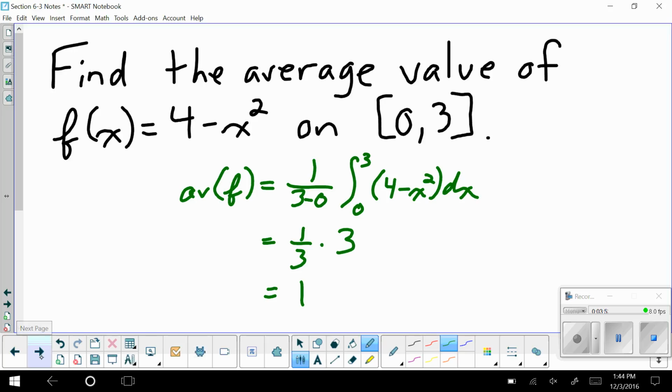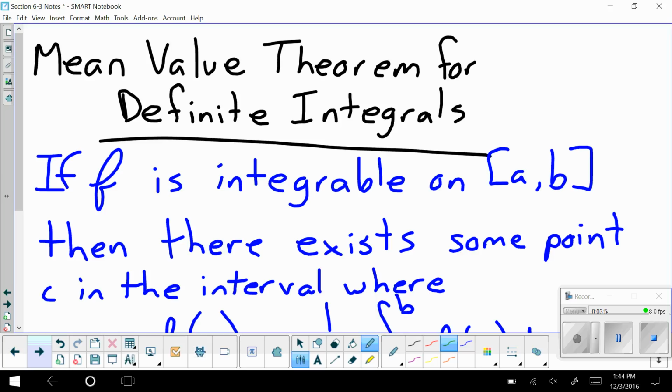Now, one consequence of this is that we can actually adjust our mean value theorem. And it's going to be in a few videos before we discuss why we can make this adjustment. But there's actually a mean value theorem for definite integrals, which says if a function is integrable on the closed interval a to b, then there exists some point c somewhere in there.